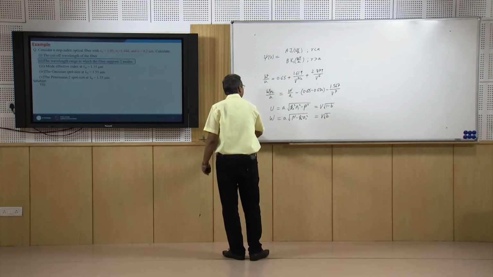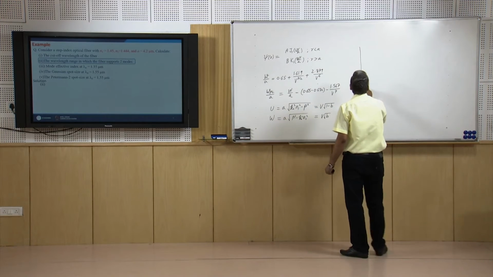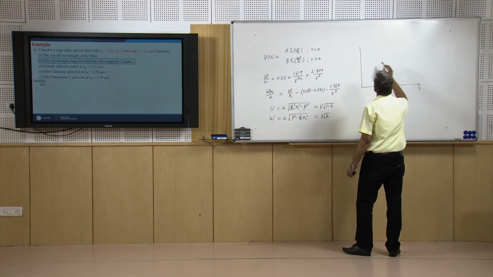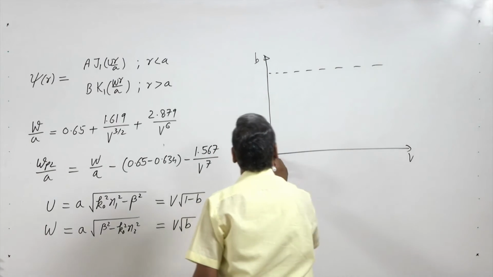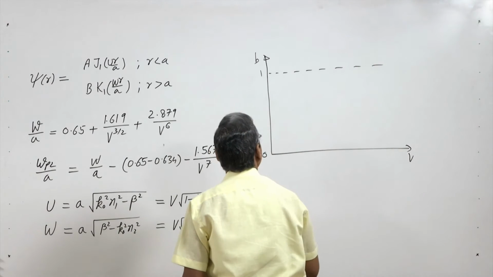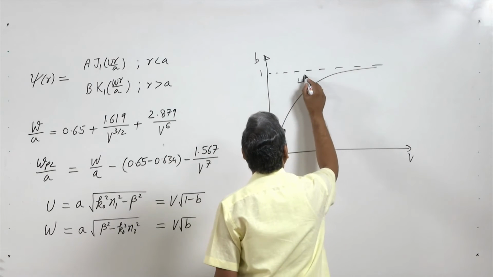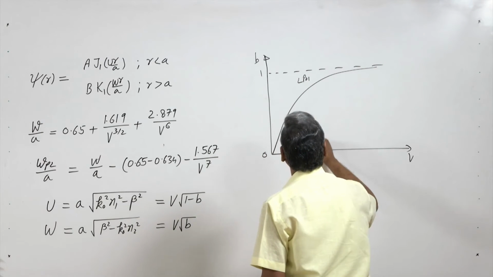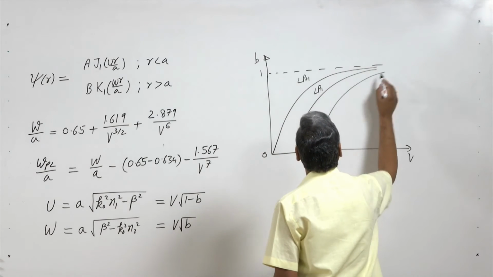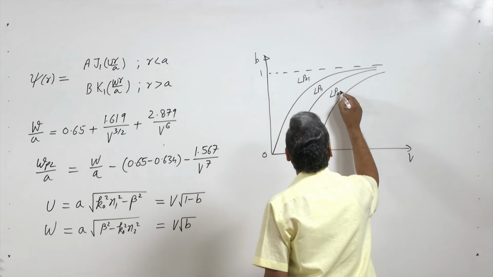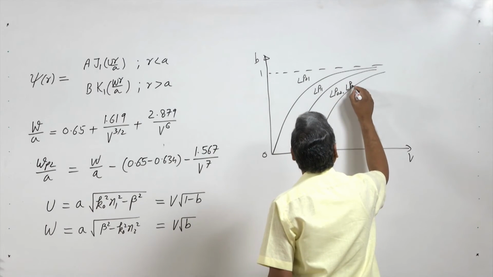So, if I look at B V curves for a fiber, so this is B is equal to 0, this is B is equal to 1, this is LP01 mode, this is LP11 and this is LP02 and LP21.